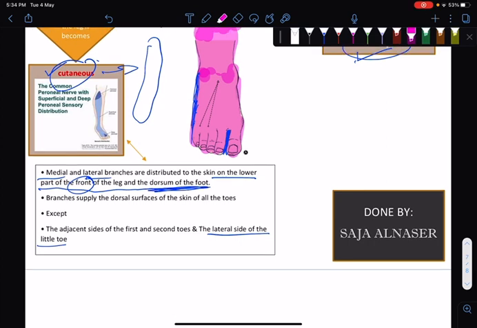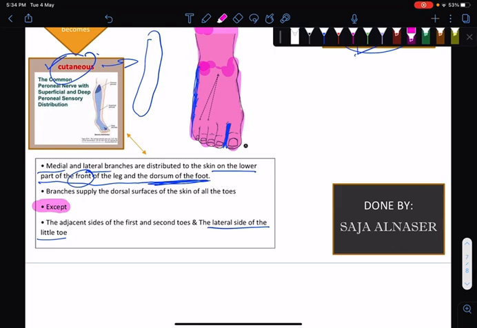Except، في عندك except، أكيد نقول قاعدة شواذ. الexcept تبع هذه اللي هي the adjacent sides of the first and second toes، هذا the first وهذا second تمام.